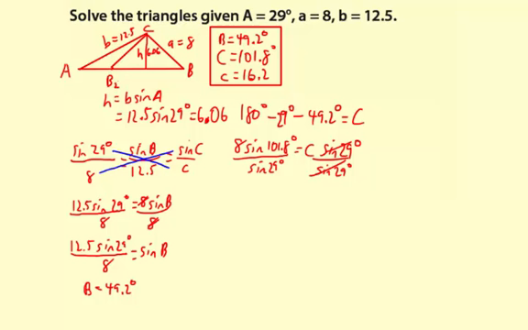So we know that the measure of B1, I'll make this B1 just so you can tell the difference, was 49.2 degrees. And that means this angle over here is going to be the same measure, 49.2 degrees. And that's because this triangle B1, B2, C is isosceles.